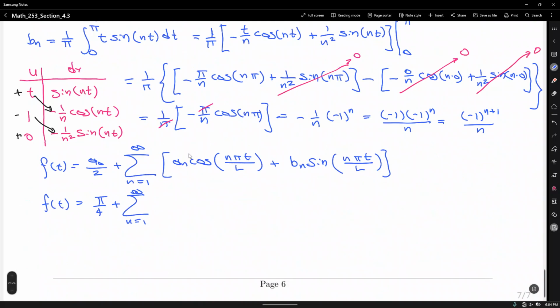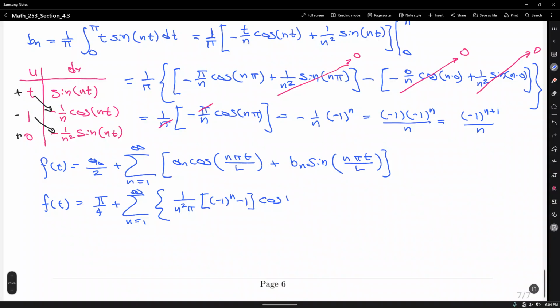Let me write it down. You do curly braces for this one: 1 over n squared pi times bracket negative 1 to the n minus 1. Then I'm going to do it more compactly, with fewer grouping symbols.